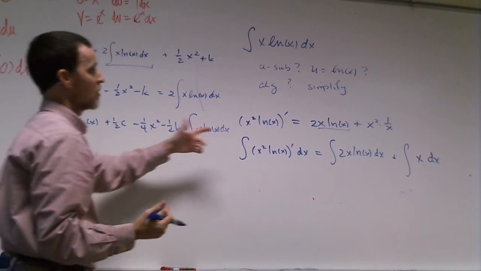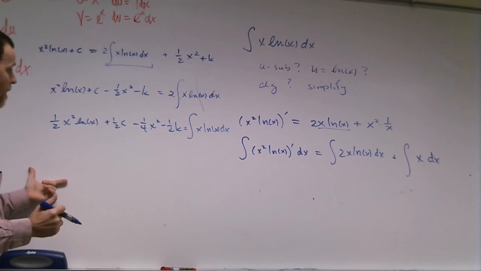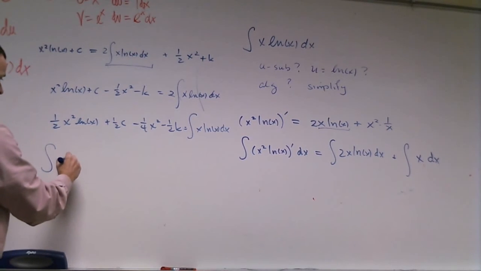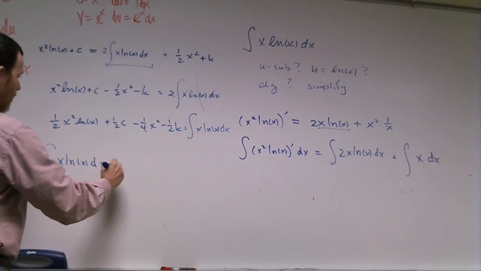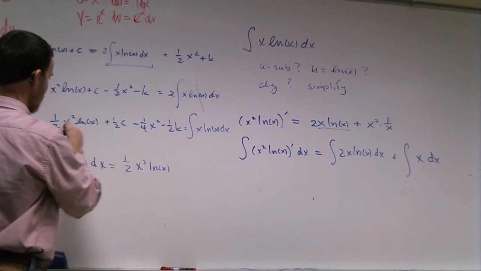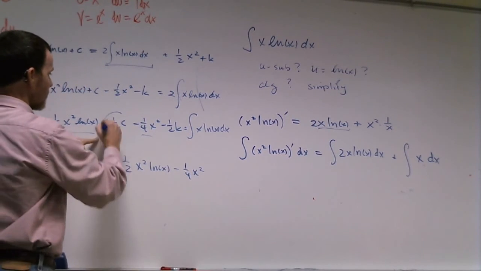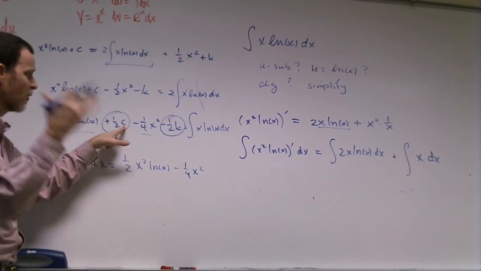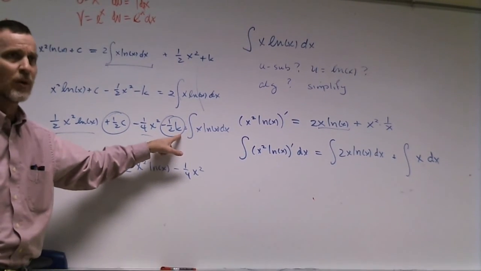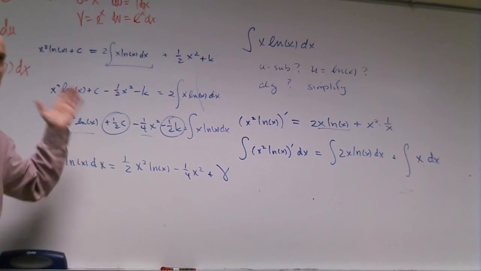So really I used the product rule to find an integral. Now, I'll rewrite it as the integral of x ln of x dx equals 1/2 x squared ln of x, minus 1/4 x squared, and then I'll just say, look, this is some constant. I don't even know what it is. This is some constant. I don't even know what it is. So I'll call that whole thing again some constant, right?